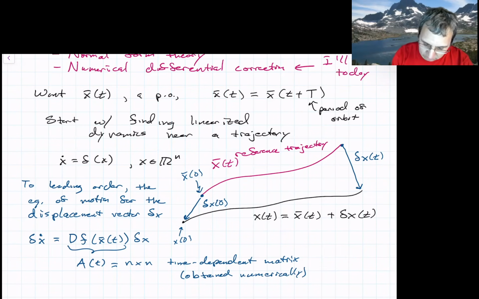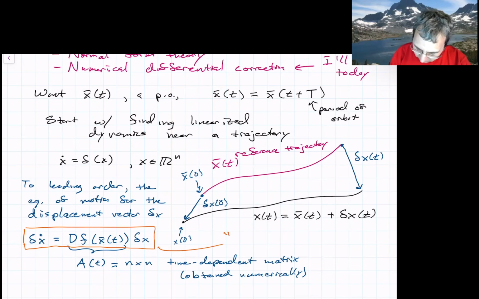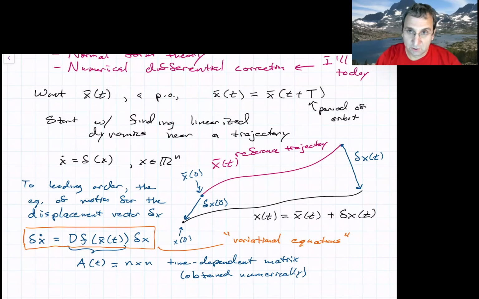These equations, I don't know if I called them this last time, but these are called the variational equations. Delta x, instead of being called the displacement, is sometimes called the variation.